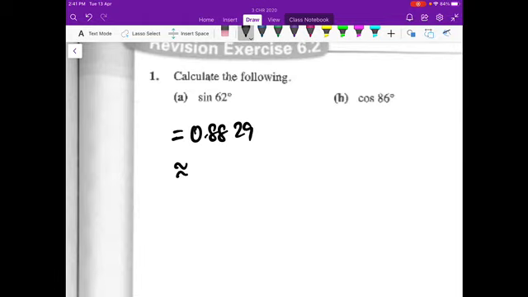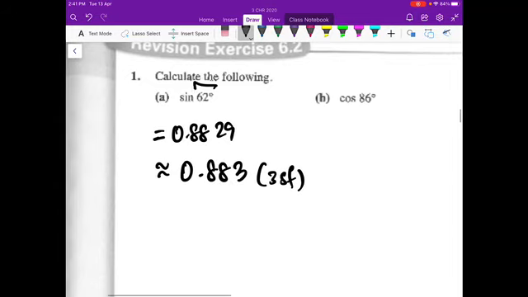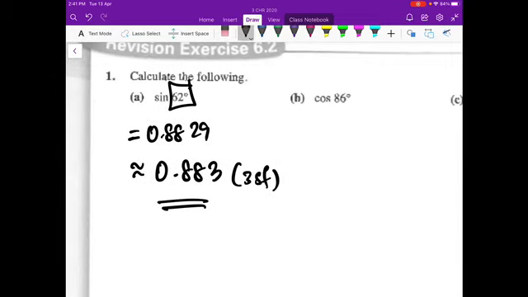Angle 1 dp, yes. But this over here is not angle. 0.883. 3SF. This is not angle. Why? The 62 degrees is angle, but the answer over here is not angle. It is a ratio, where we have opposite over hypotenuse.